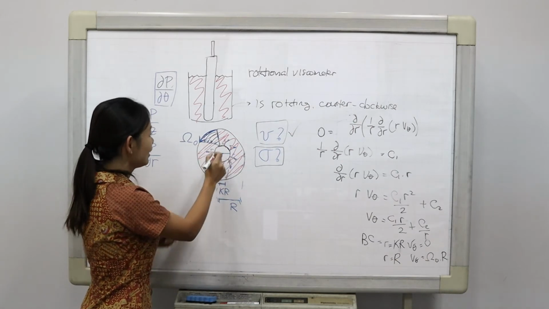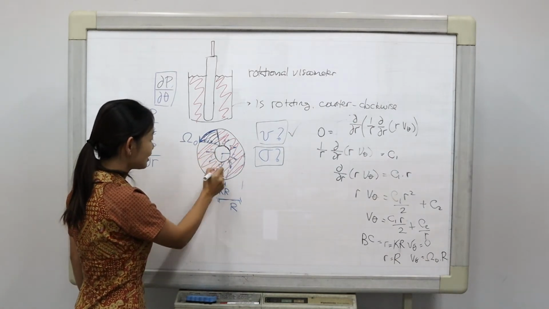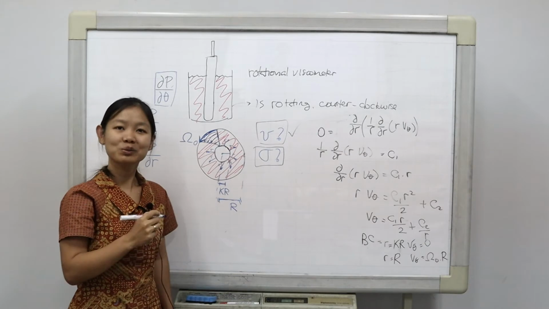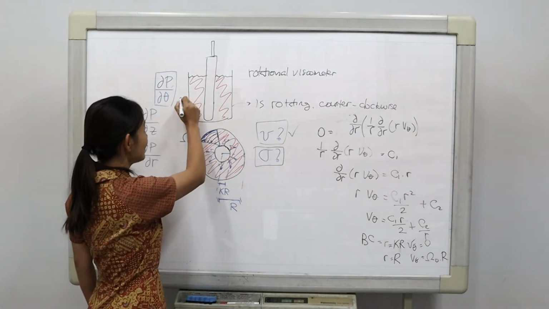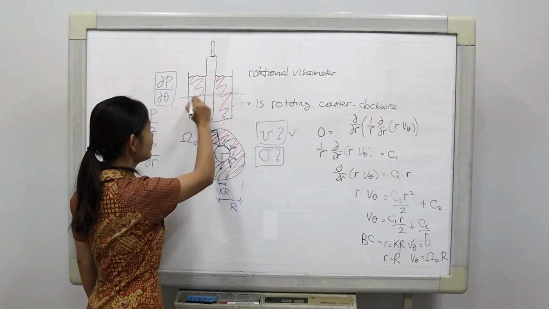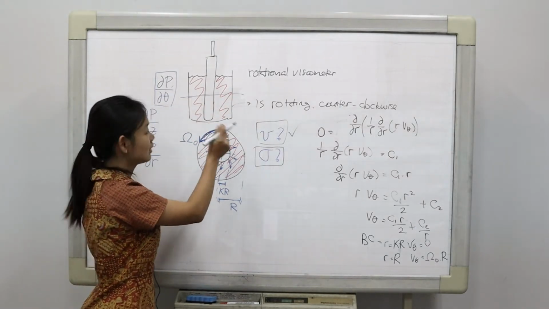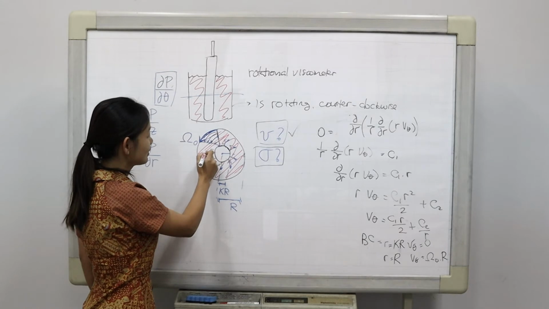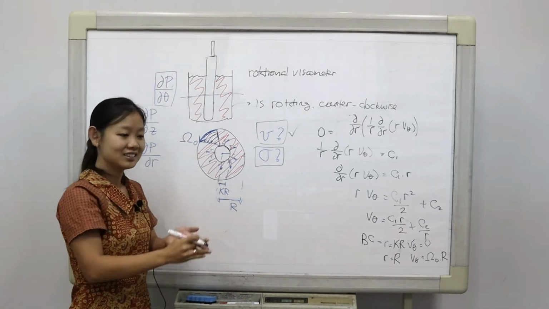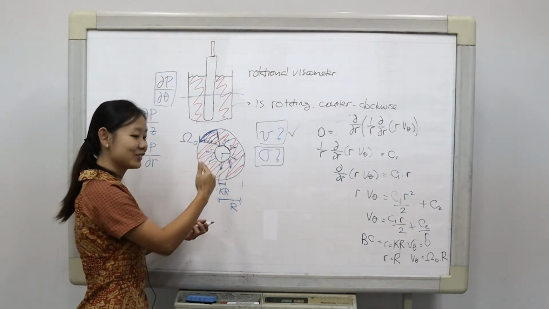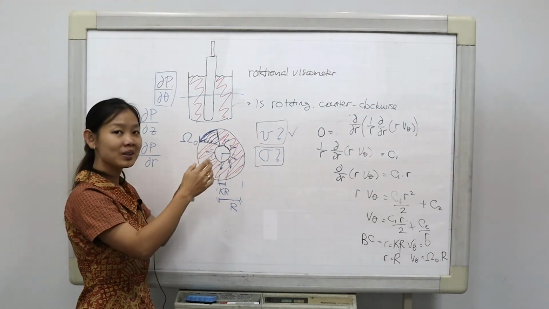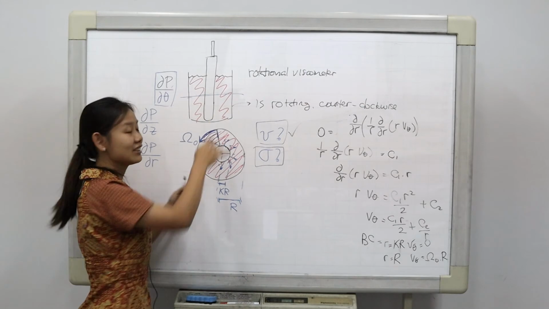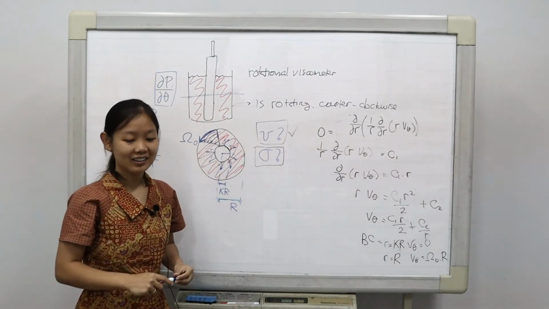So at these positions, the pressure should be the same because they are at a similar level, just at different angles. So if we have something like this, just viewed slightly tilted, the radius and height are the same.